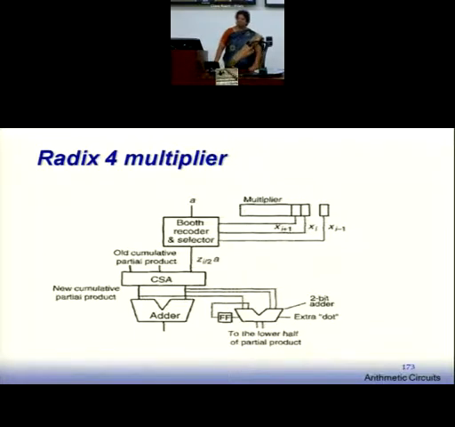So working only at the transistor level is not the solution for optimizing or speeding up any arithmetic function or arithmetic operation. You have to think in terms of higher levels of abstraction also, which include your algorithm as well as the architectural level.